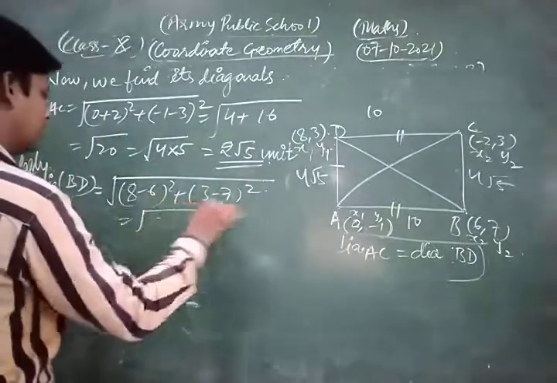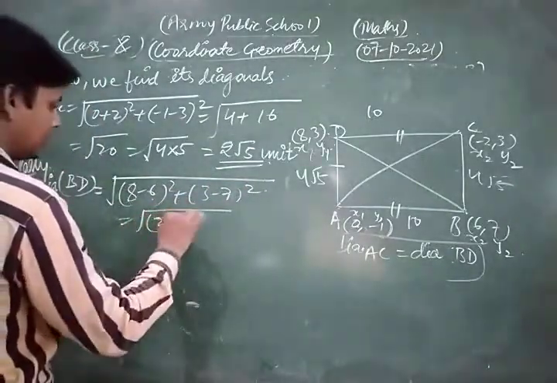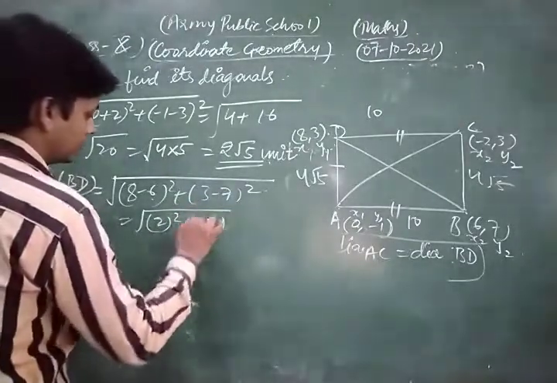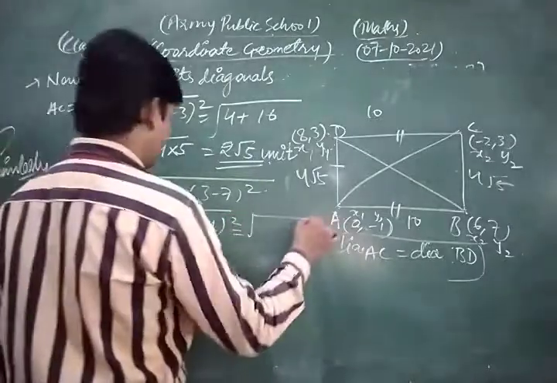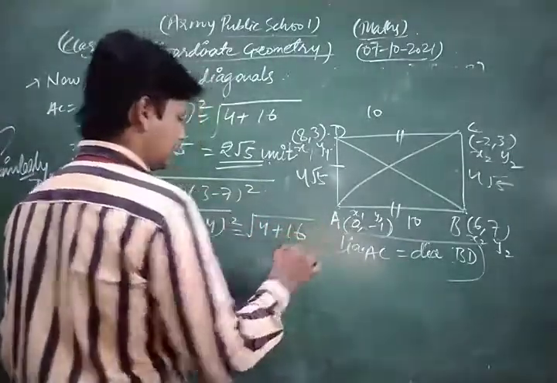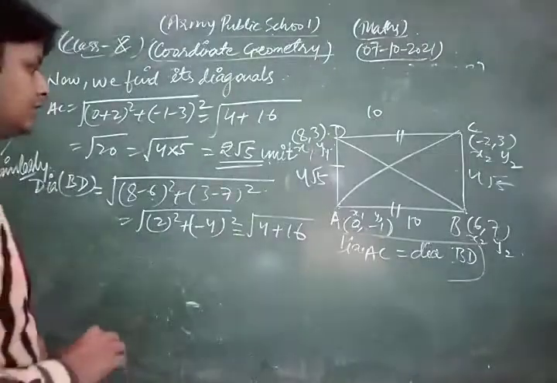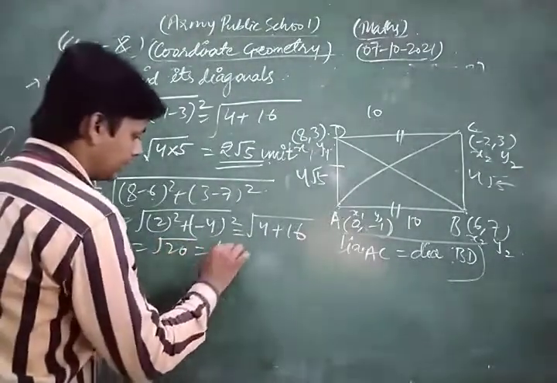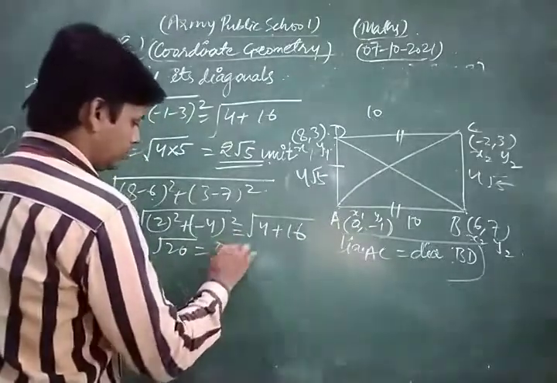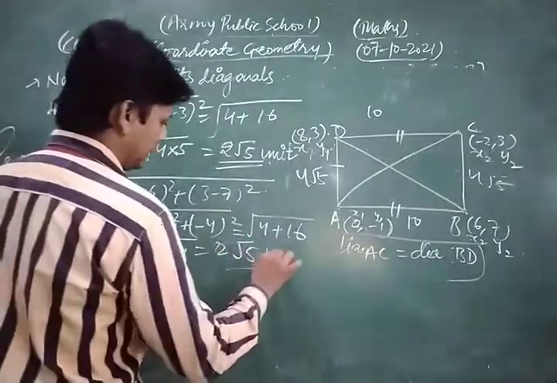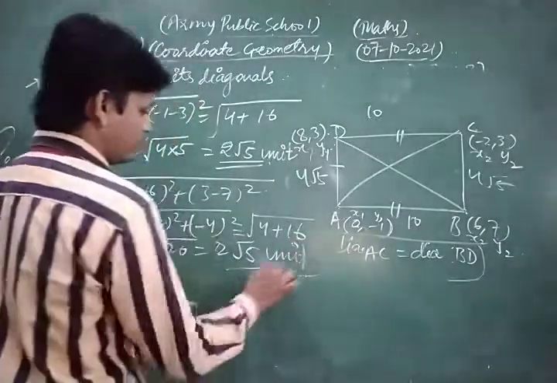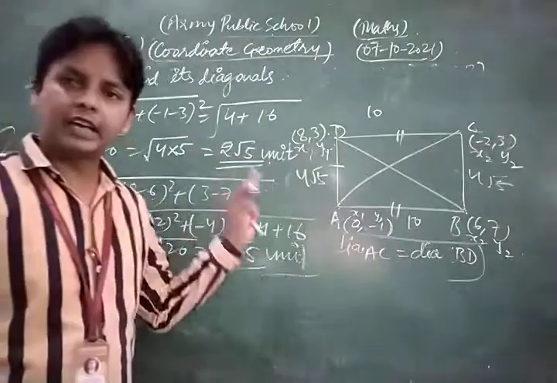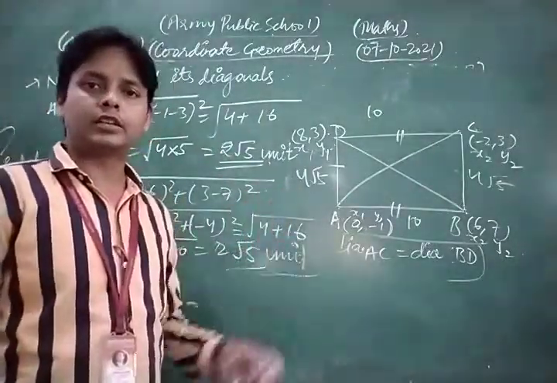So we get 2 square plus minus 4 square, equal to 4 plus 16, which is also equal to under root 20. We can write 2 under root 5 unit. So in this way, we have shown that diagonals are also equal.